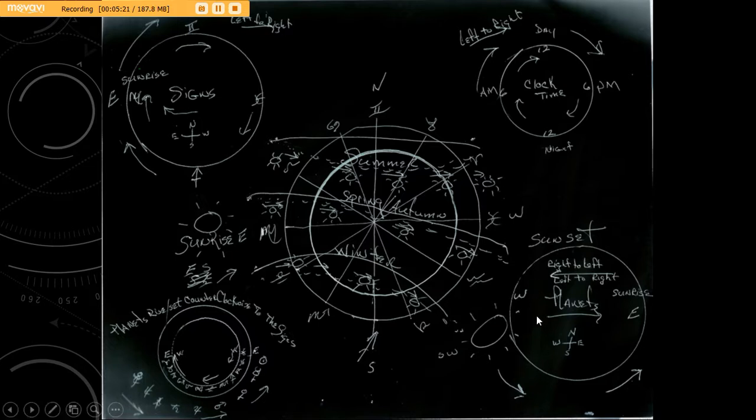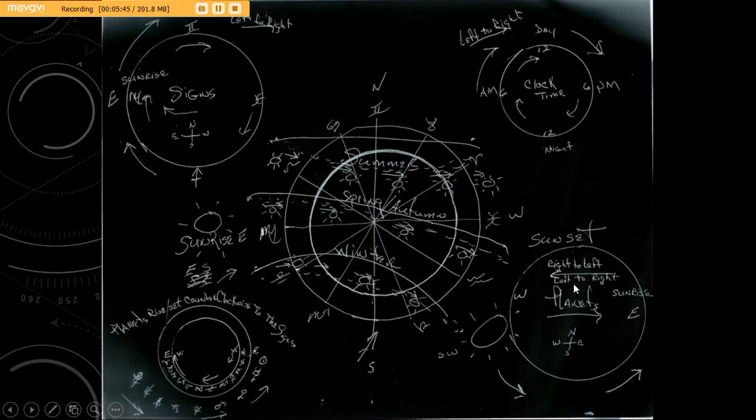And so that's why the sun, all planets rise from the right side to the left side, going in a circular pattern, opposite that of clock time. Clock time goes from left to right.